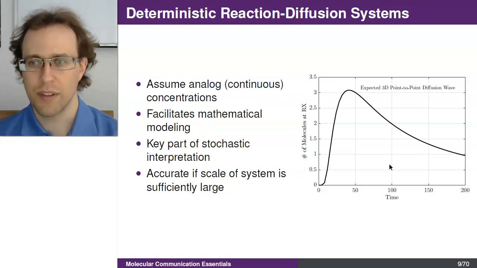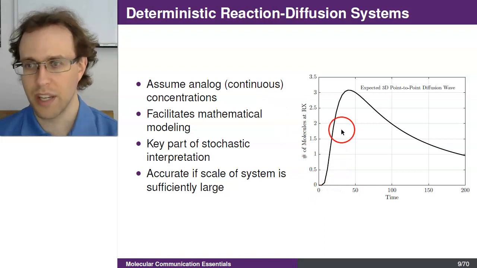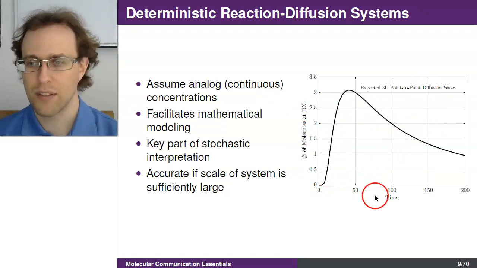So with this approach, we're going to be assuming that our molecule concentrations are analog, so they're continuous and can take any real non-negative value. As we see here in this graph, and I'll be referring to this image quite a few times, this is a plot over time, really over arbitrary units, and we're counting a number of molecules at our receiver.